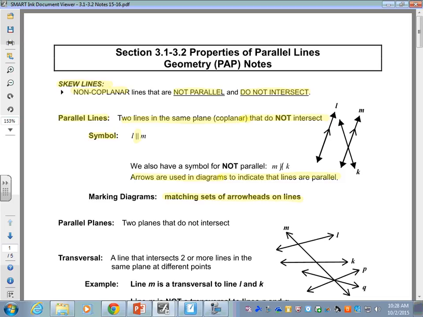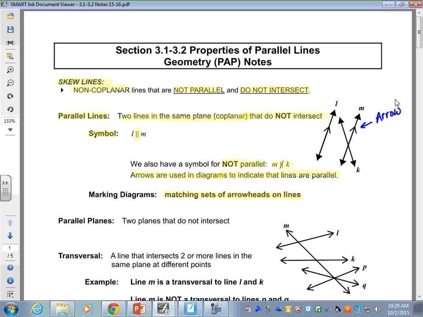This might be new to show not parallel. We just draw a line through the parallel symbol. Okay. So over here, in the example that was given to you, they've already marked it because they showed the arrows.